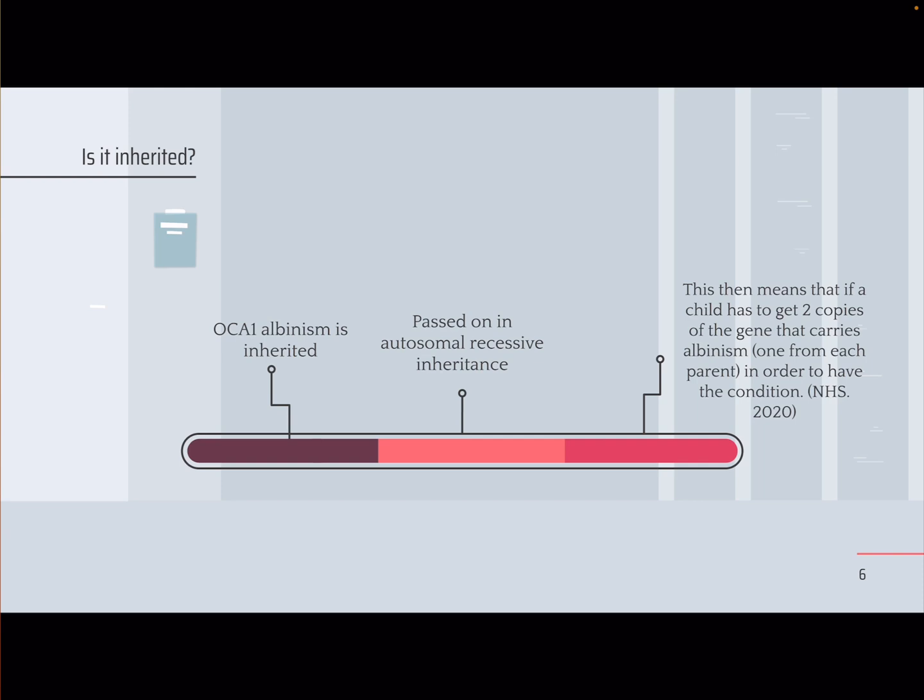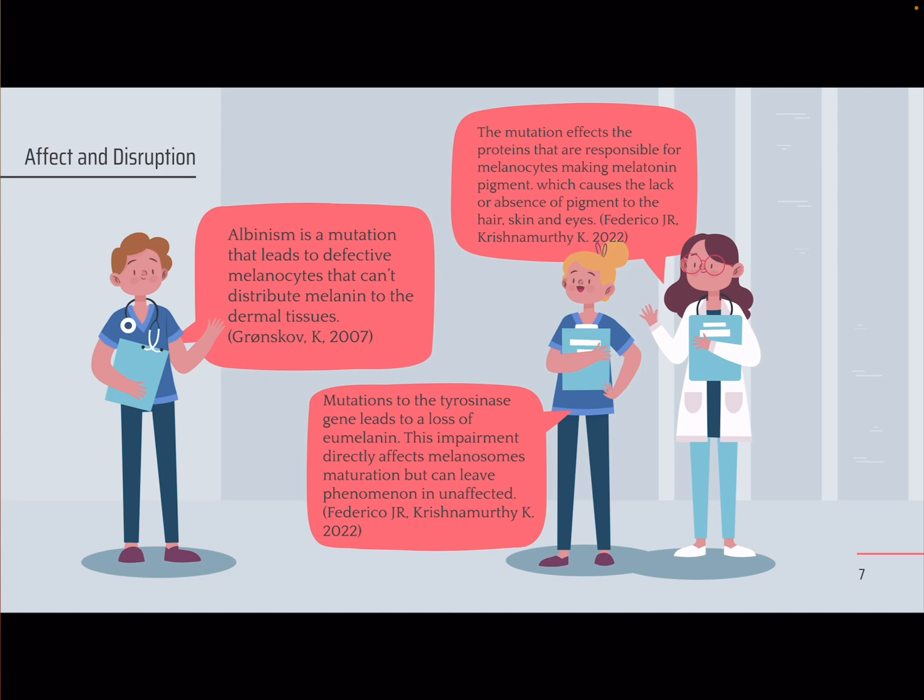A little bit about the effect and distribution of oculocutaneous albinism. To start, the OCA mutation affects the proteins that are responsible for melanocytes making melanin pigment. This then causes the lack or absence of pigment to the hair, skin, and eyes. This is why we see fair skin, fair hair, and light-colored eyes in our patients who have the condition of albinism.